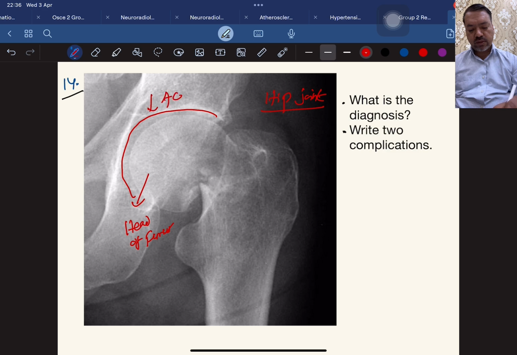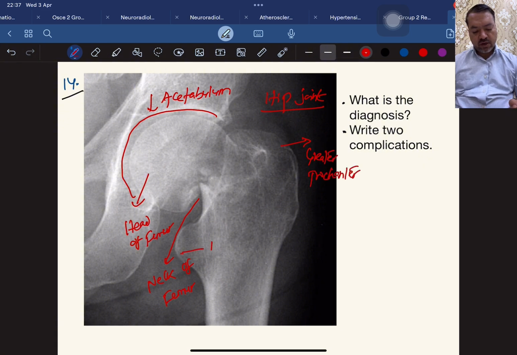We all know the acetabulum, and this is the neck of the femur. This is called the greater trochanter, and here is the lesser trochanter. Greater trochanter, and this is what? Lesser trochanter.